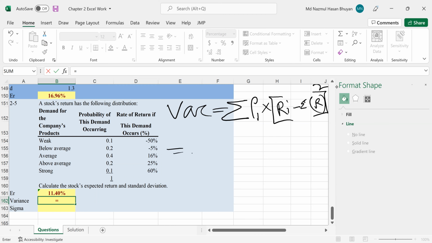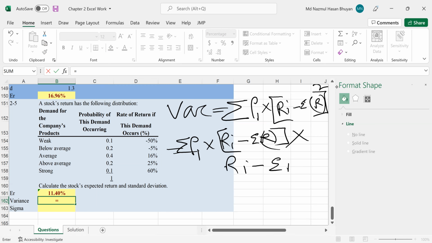So in other words, we can break it down into probability times the difference between individual return and expected return, again times the difference between individual return and expected return.